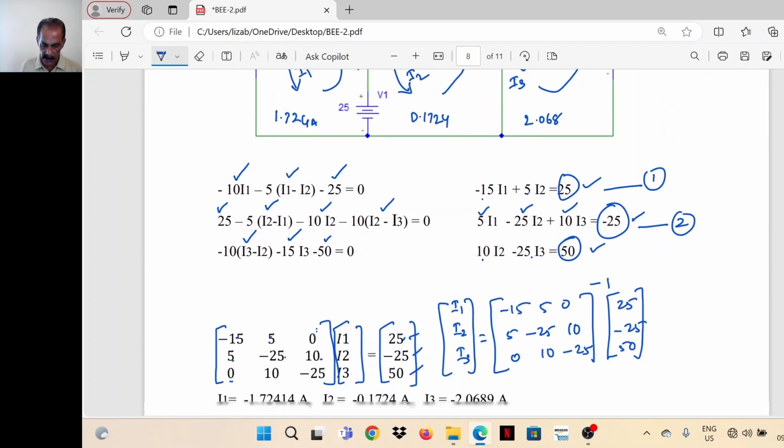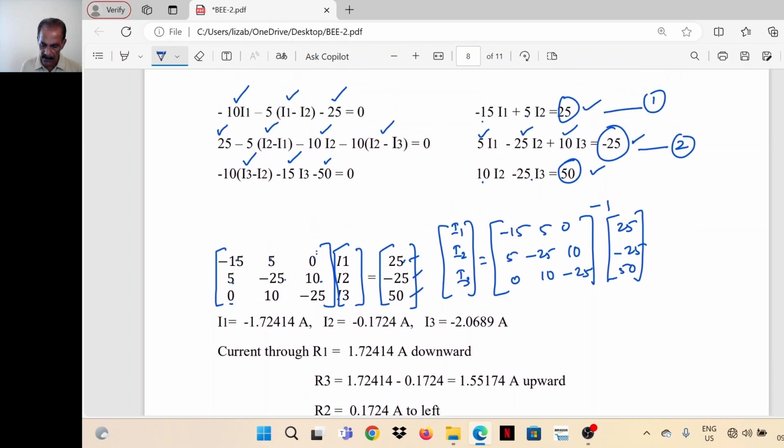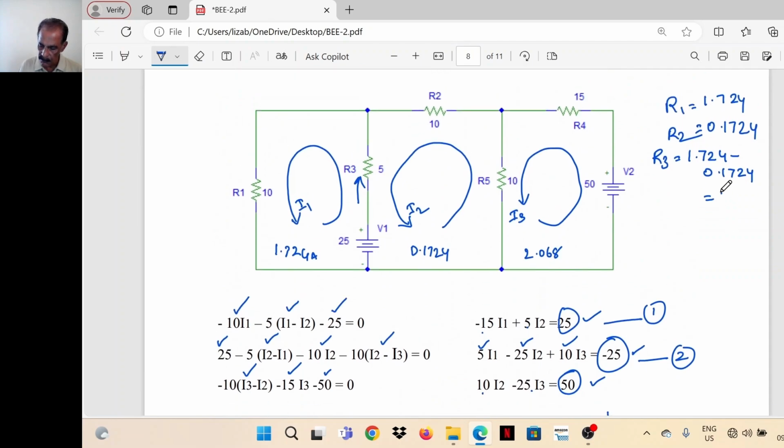So the current through resistor R3 is 1.5517. 1.72 is flowing up and 0.1724 flowing down, so the net current is 1.5517 flowing upwards.